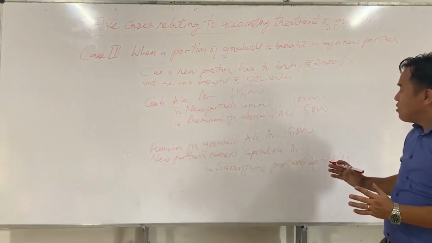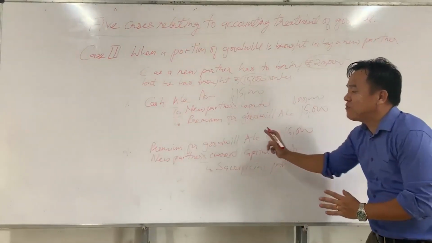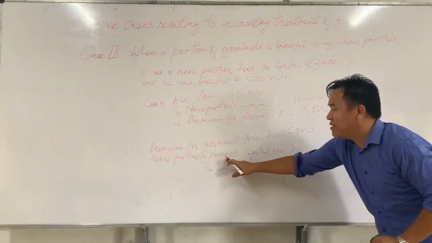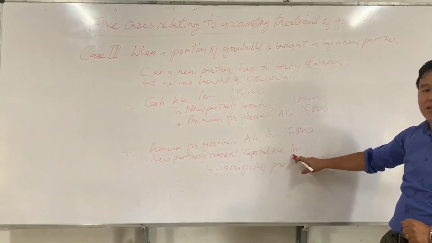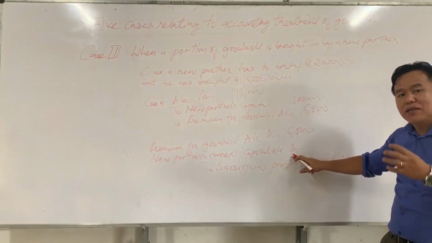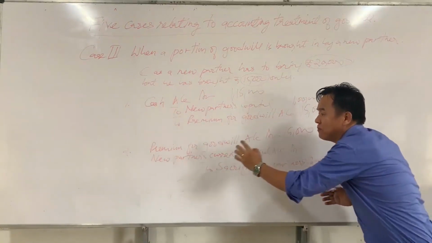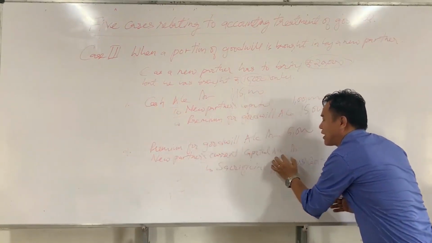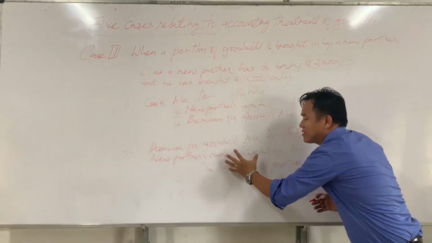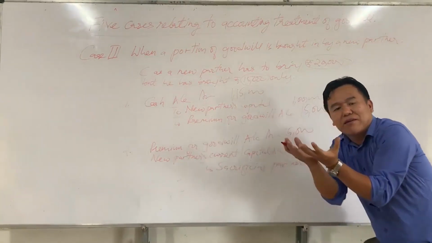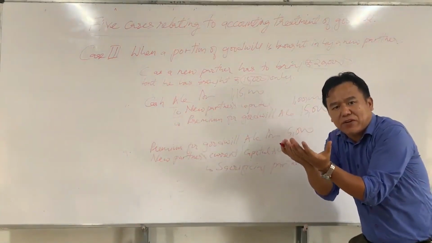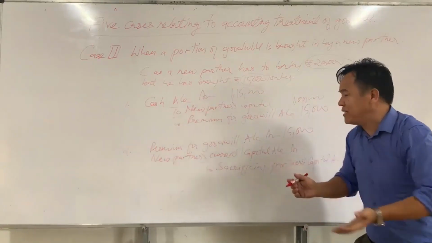The remaining amount should be adjusted from the new partner's current account or capital account, which means if the remaining 5,000 is paid from his current account or capital account, then the new partner's current or capital account will decrease. If the current or capital account decreases, then it should be debited.